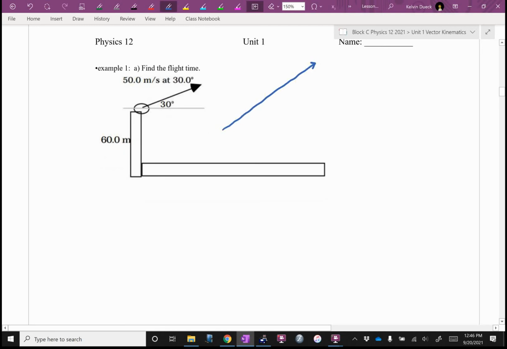So there's the 50. There's Vx. There's Vy initial. And that is 30 degrees. That 50, opposite, adjacent, or hypotenuse? Hypotenuse, you say.